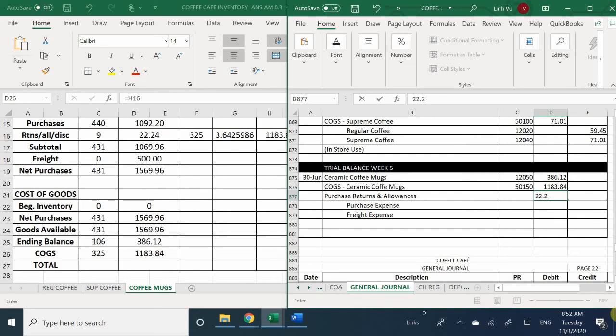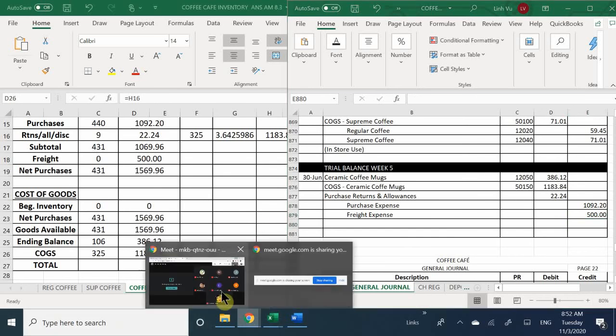I don't remember the figure. It's on the screen. 2224. I'm sorry, 2224. What was my total purchases? 1092.20. And what was my total freight? 500.